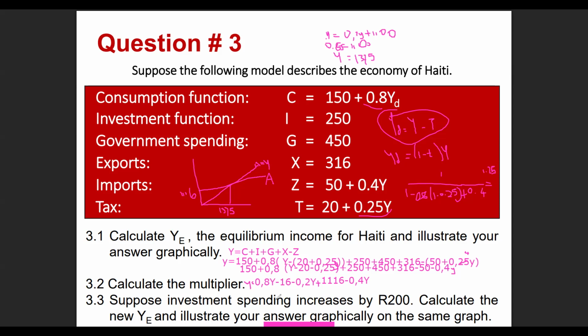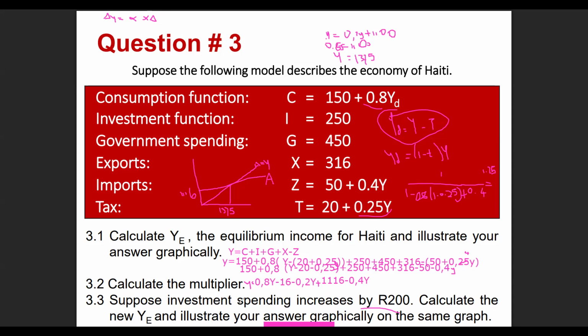Then they now say that suppose investment spending increased by 200, calculate the new equilibrium. So you know now that when you have to calculate the new equilibrium, you firstly say that change in Y is equal to your multiplier times the change in any component of autonomous expenditure, right?